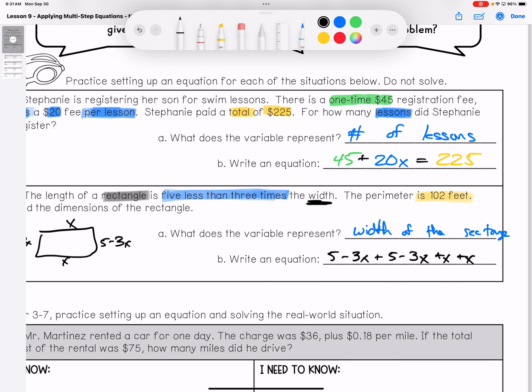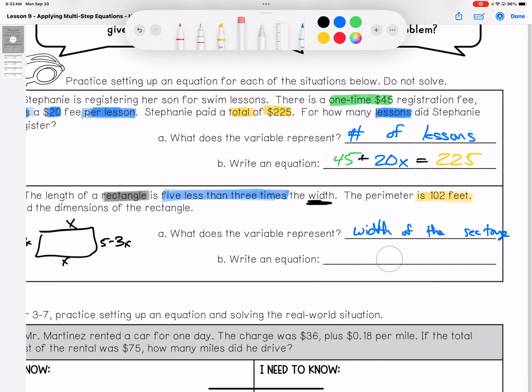Now, that's not done because we have a bunch of like terms that we can combine. We have that 5 and that 5, that makes 10. And then we have a negative 3x, a negative 3x, x and x. I did that wrong. I wrote that backwards.